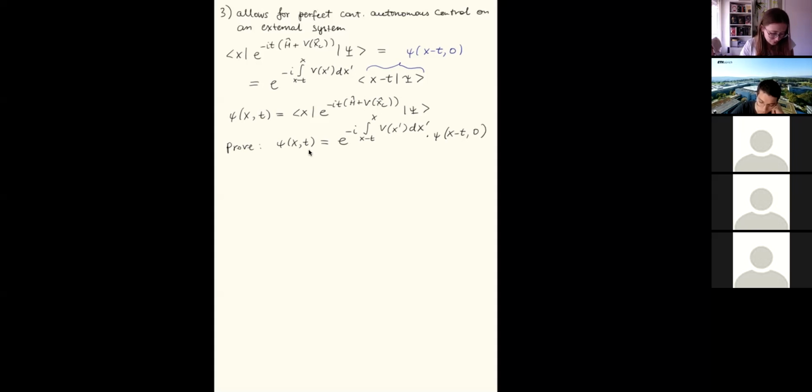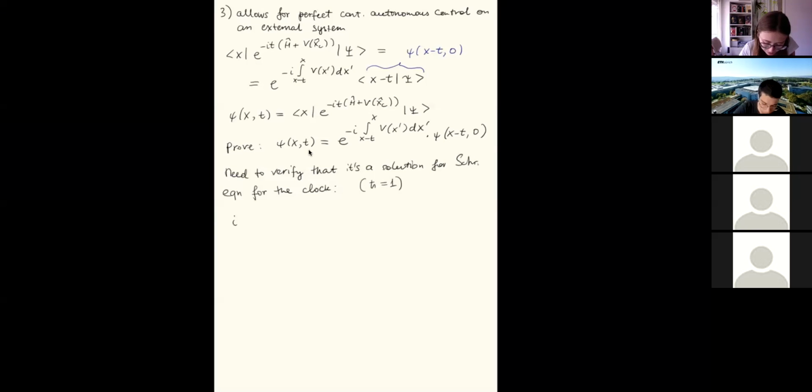Okay, so to do so, we just need to verify that it is a solution to the Schrodinger equation for the clock. So let us write the Schrodinger equation. Here we assume that h bar equals 1.